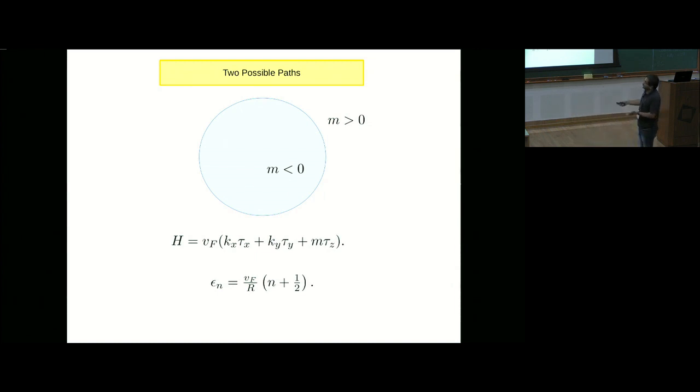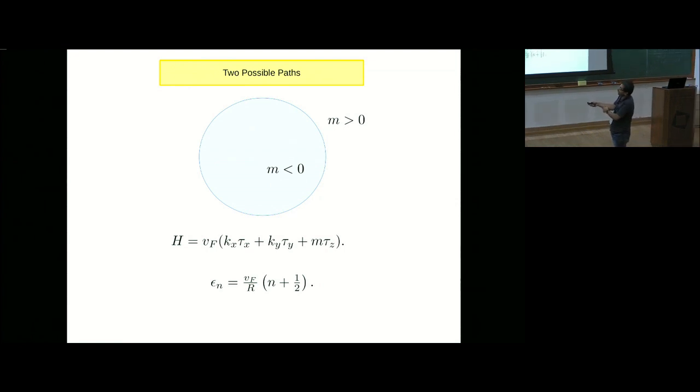And we know that if there is a boundary between signs of m, for example in a disk where the sign of m is negative inside and positive outside, then at the boundary you will get some modes which are within the gap of m. So this system is a Dirac equation which has a gap of m, or 2m.